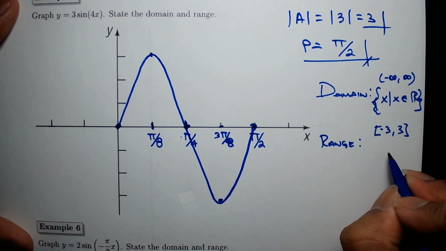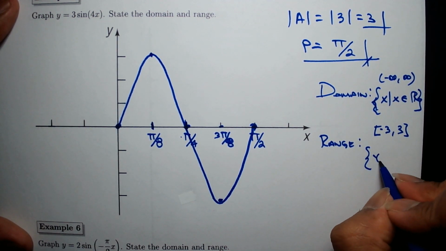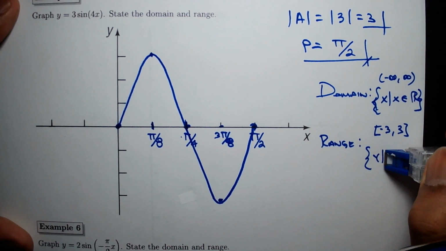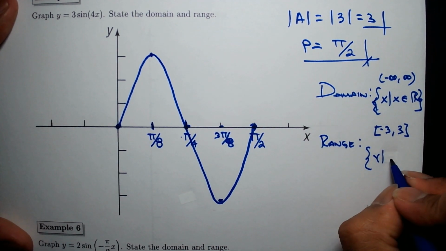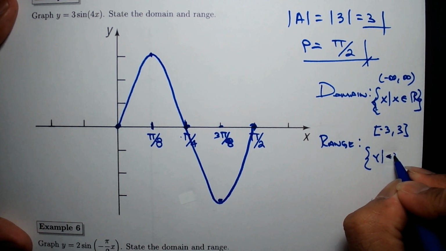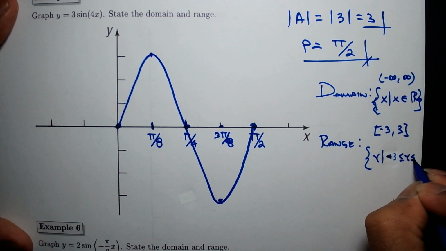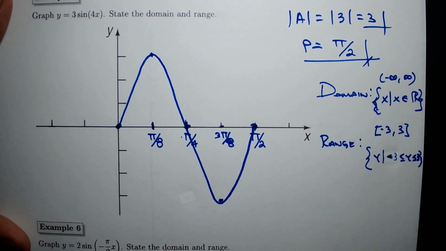Or alternatively, y such that -3 is less than or equal to y, less than or equal to 3. All right.